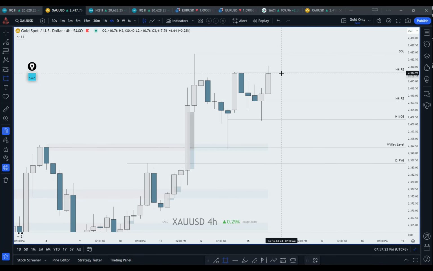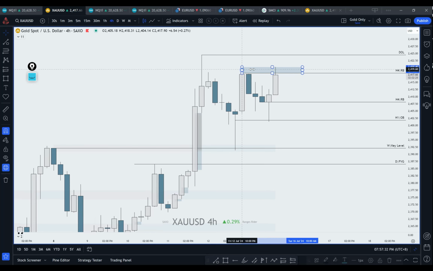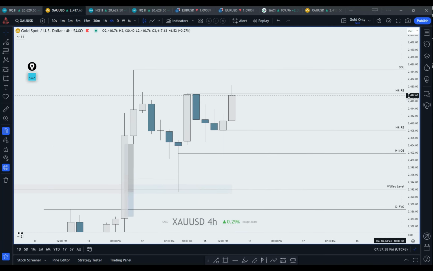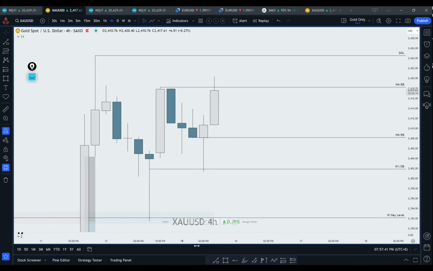Okay, so keep an eye on this level. This level can turn into what? The order pairing. So what is the order pairing? Listen carefully, this is the most important point.